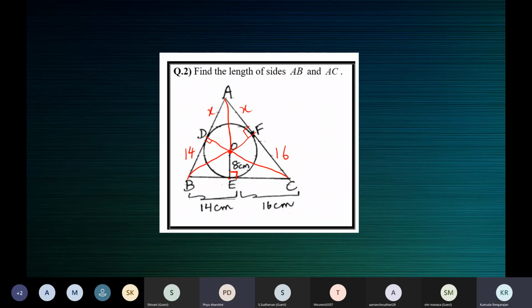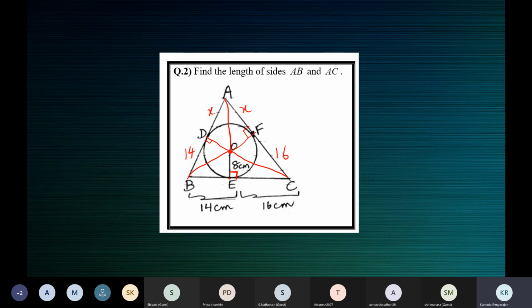Ma'am, root of 224x square plus 6720x. Okay, read out what you have in the earlier step, after substituting, before you multiplied. Root of x plus 30 into 224x, ma'am. Correct. You can just leave it like that. That next step is not needed.